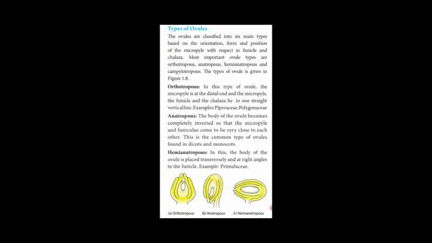So, orientation, form and position of the micropyle in respect with chalaza and funicle region. The most important ovule types are orthotropous, anatropous, hemianatropous, campylotropous. First one, orthotropous ovule.